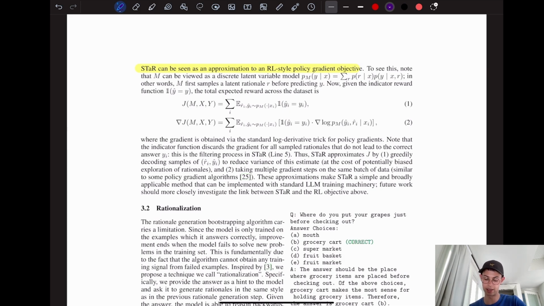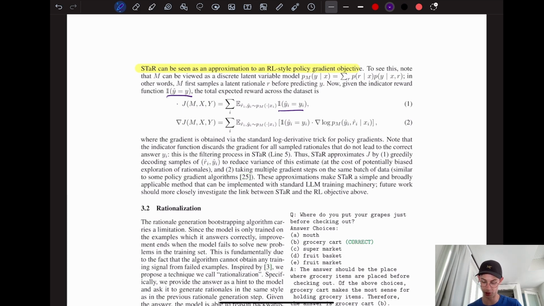But suppose that we think about this in an RL way, and in particular we suppose that we give reward on the indicator function where y hat, the generated answer, equals the actual answer y, and we're giving reward when the correct rationale leads to the correct answer, and we're giving basically a reward of 0 when it doesn't.